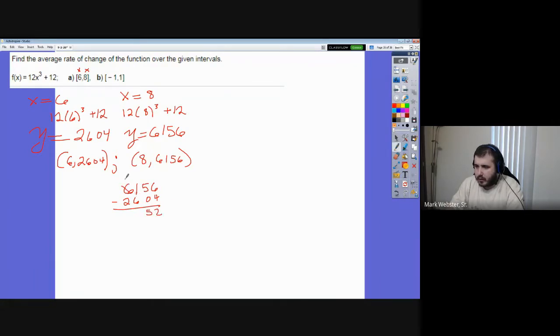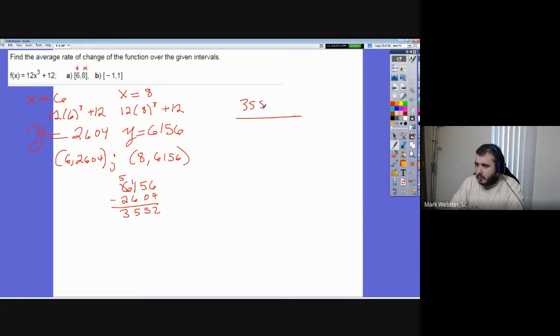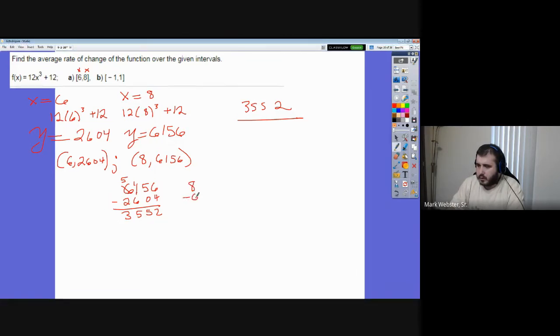I got to carry. So here's our y value. And we're going to do the x value. And then, of course, I can simplify this fraction. The last numbers are 2, so this is even. So I can divide.